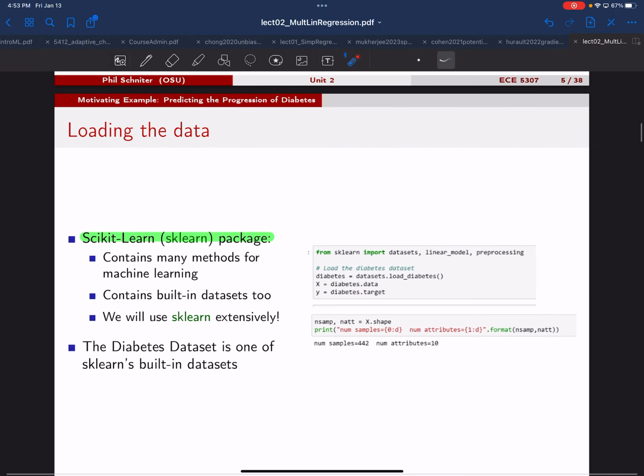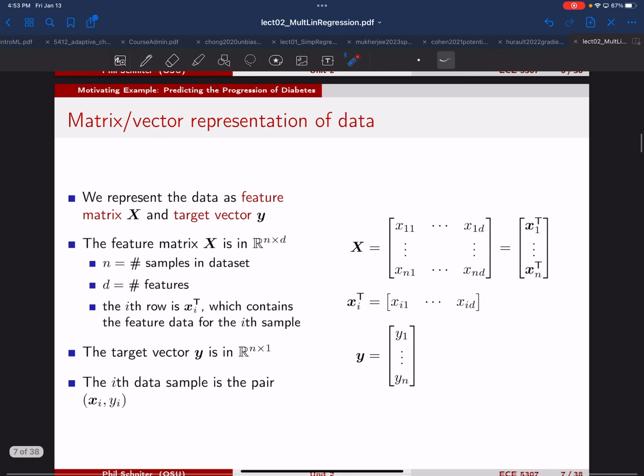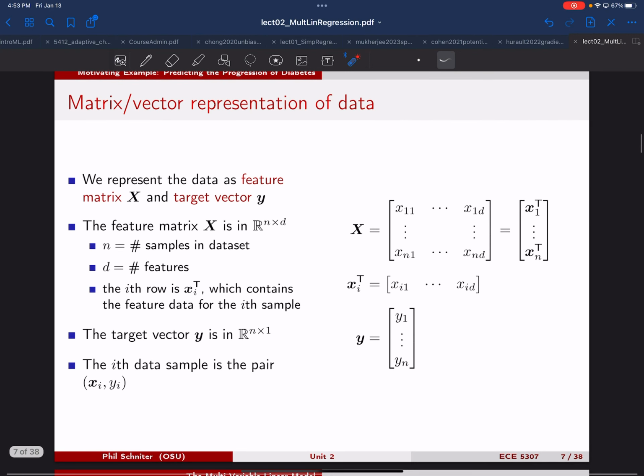Okay. So let's now talk a little bit more about how we represent the data with matrices and vectors. This is what we'll do all throughout the whole semester. So we're going to have a feature matrix, which we'll call capital X, and a target vector, y. As always, I'm using boldface uppercase for matrices and boldface lowercase for vectors.